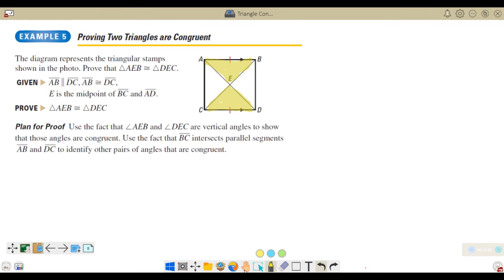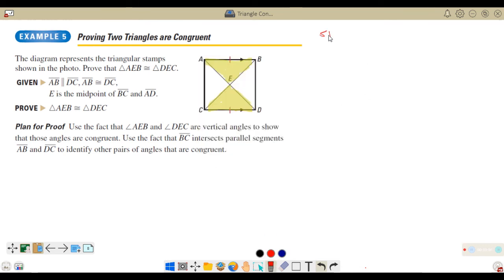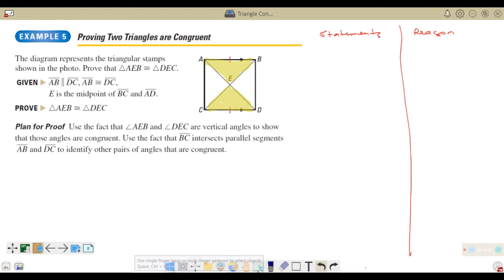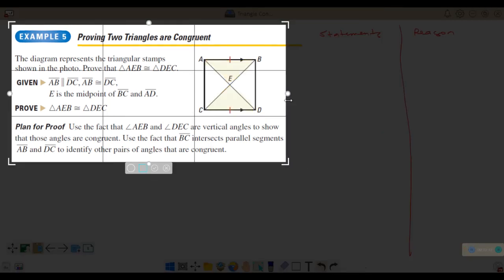Okay, gawa tayo ng two-column proof. On one side, we have here the statements. And on the other side, we have the reasons. Given. Ba't given ang sinulat ko? Kasi lagi tayo nagsisimula sa given for reasoning, di ba? When we are proving that certain quantities are congruent or the same or valid.